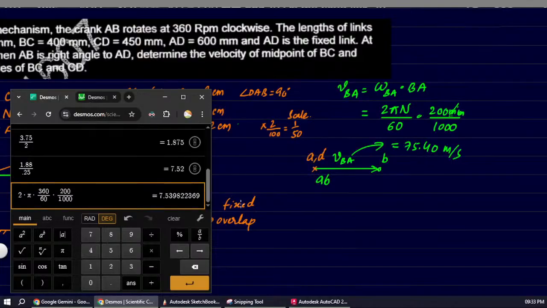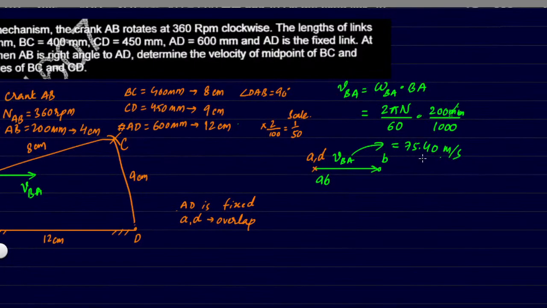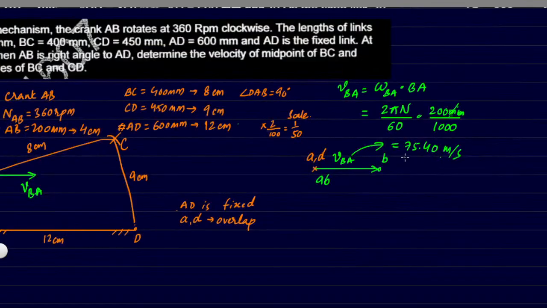So 7.54 is what we need to get. The decimal value is 7.54. This is the value in meters per second.